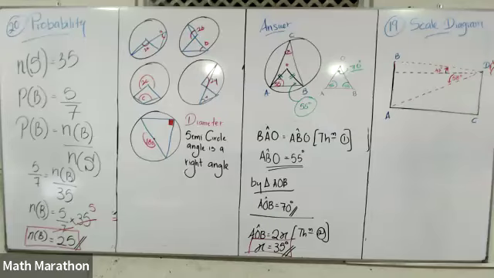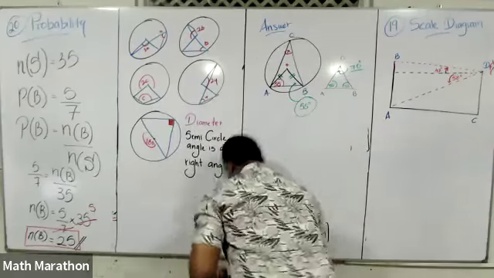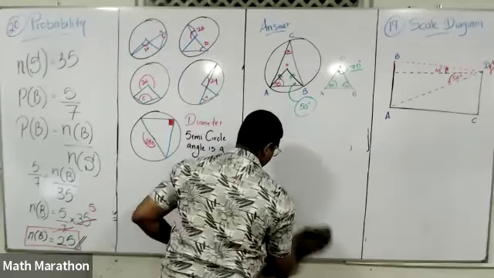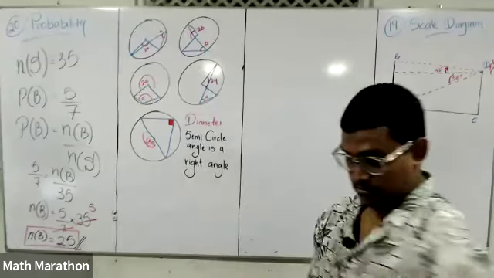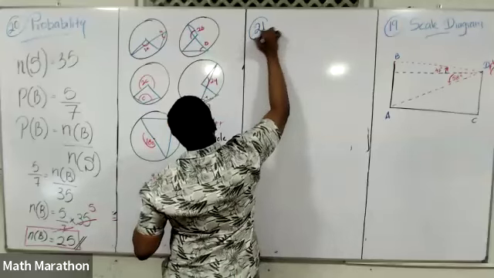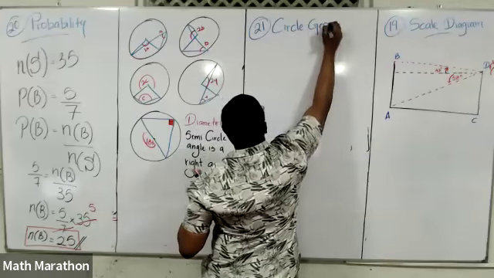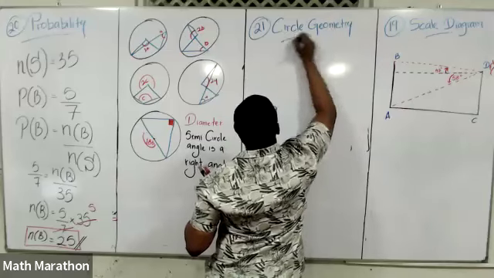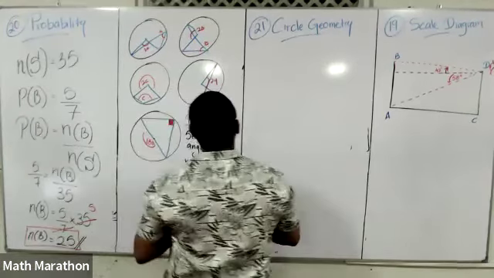Number 21. It's the direct theory. The first theory you study in circle geometry. Question number 21, okay, done.